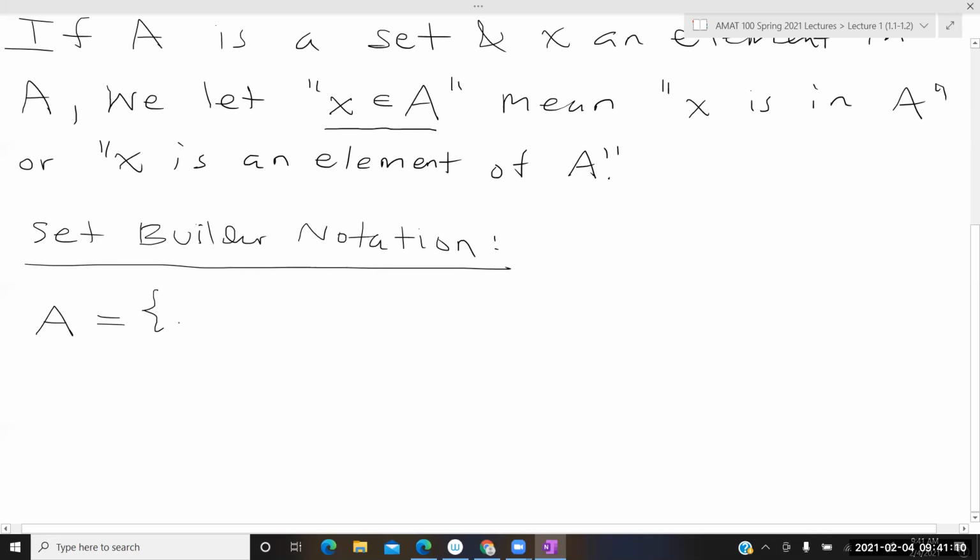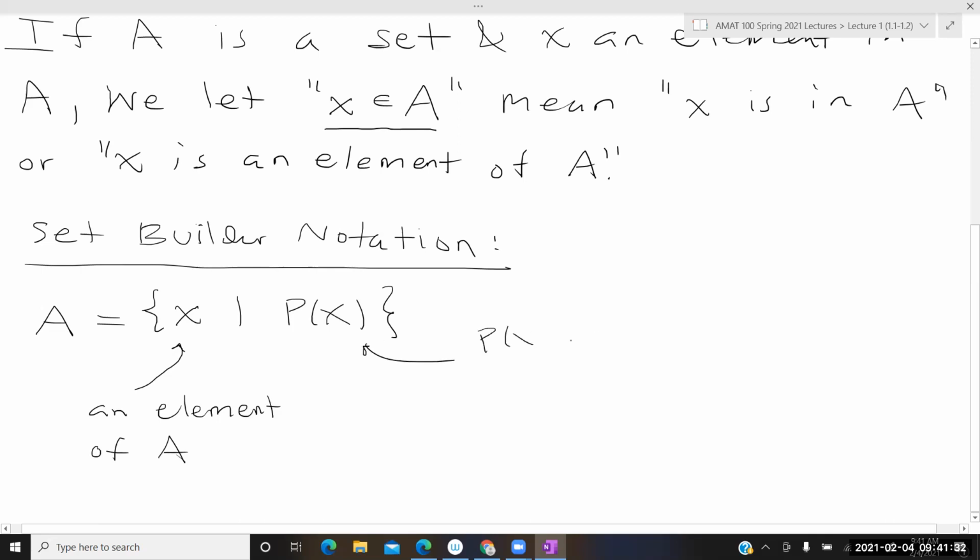So we write it in this way, and I'll explain it after I write it. This X is an element, just some arbitrary element of A. And then this P of X is maybe some statement about X.